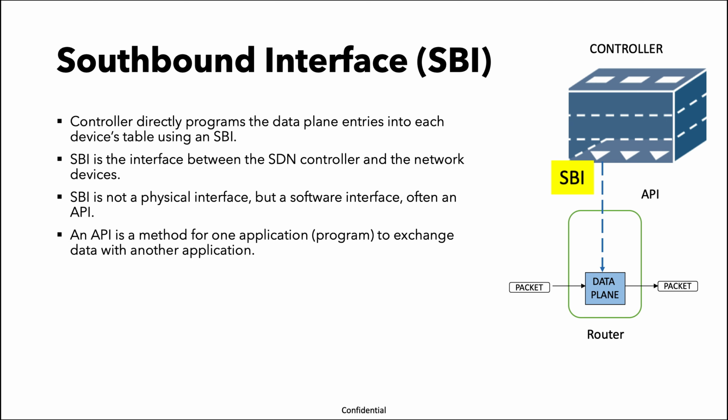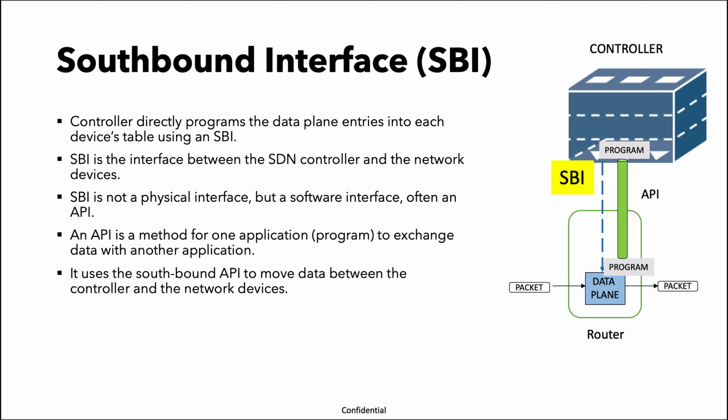In this topology which I have shown, where the SBI is there, it is an interface between a program, that is the controller, and a program on the networking device, that is the router, that lets the two programs communicate, with one goal being to allow the controller to program the data plane forwarding tables of the networking device. So the SBI uses a southbound API to move data between the controller and the networking device.